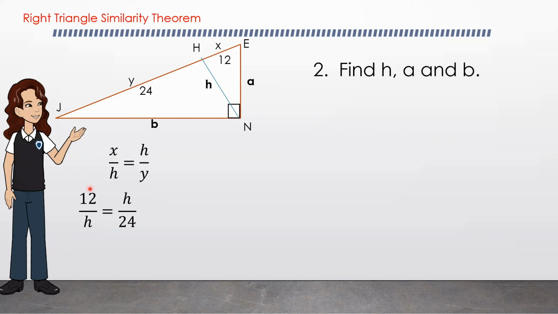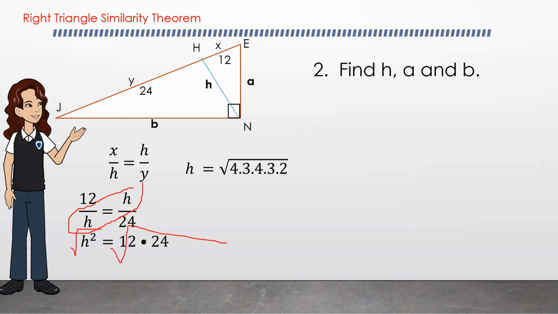Our X is 12 over H is equal to H over Y is 24. Then, cross product. When we use the cross product, so we have H squared. Okay. Then, multiply 12 times 24. Or you just write only 12 times 24. Then, we are going to extract the square root, both sides.